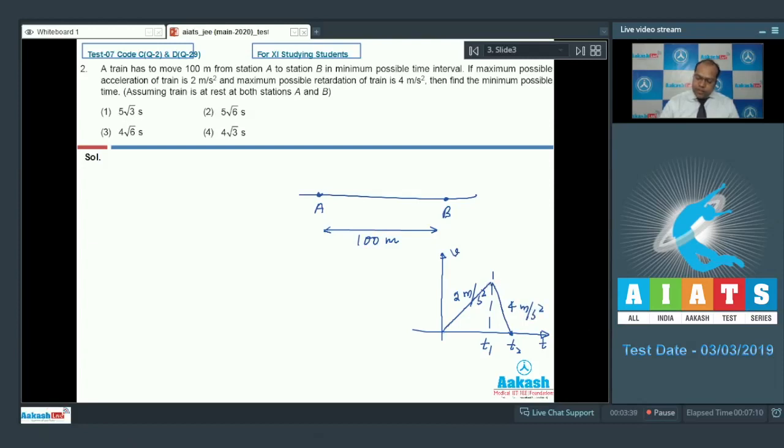So at t1, the velocity of the train must be 2t1, because initial velocity is 0, acceleration is 2, time is t1, so the velocity at time t1 is 2t1.